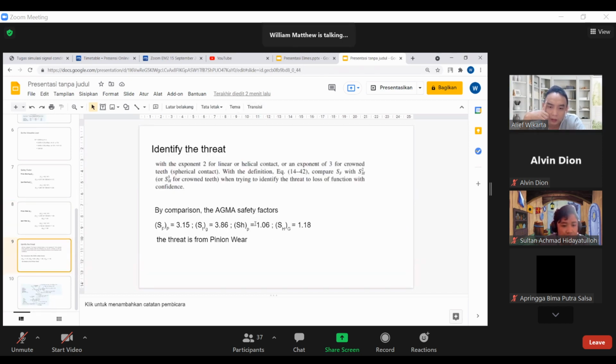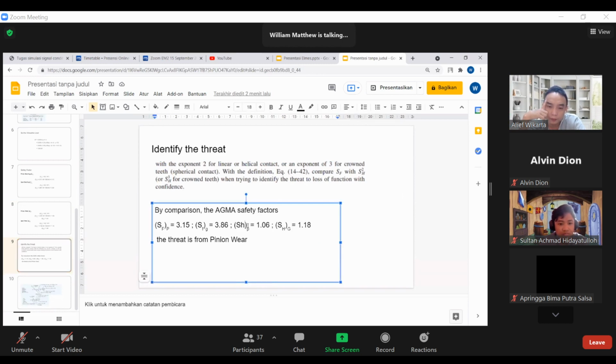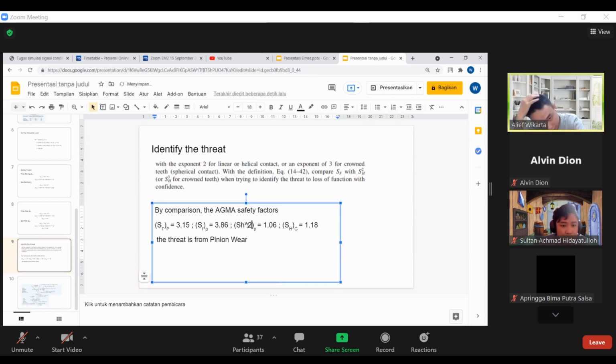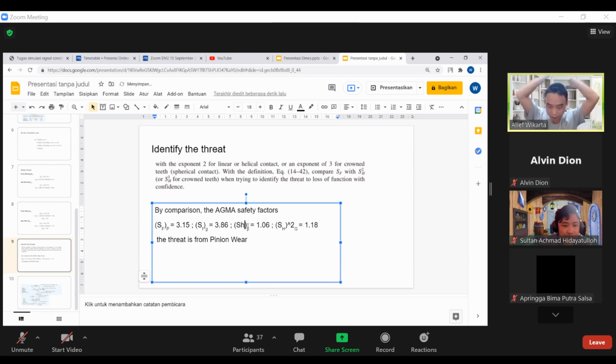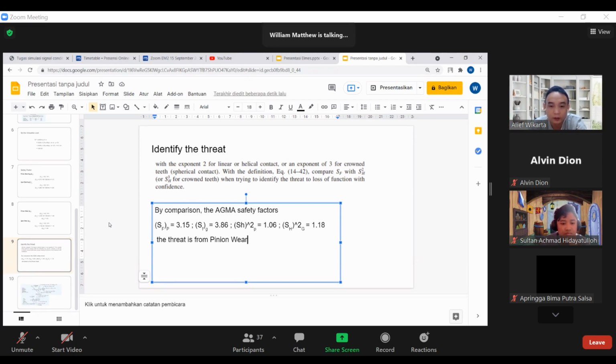So I use the square, because I compared it with the bending. Even though we square the safety factor, the value is still lower than bending, right? Yes, sir. It means wear is more dangerous than the bending.